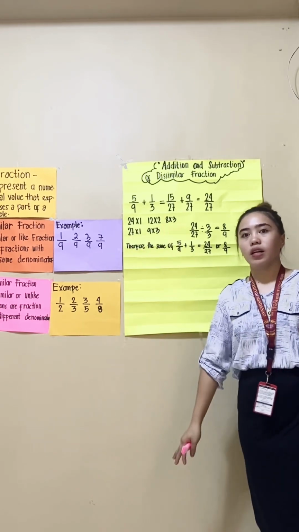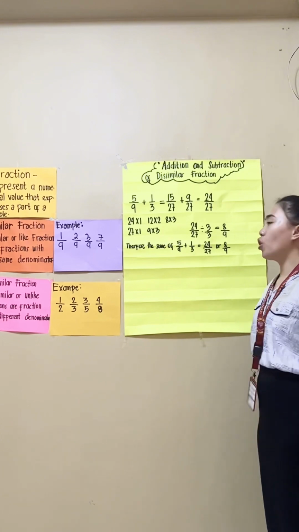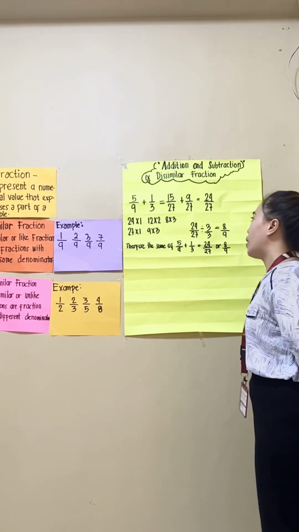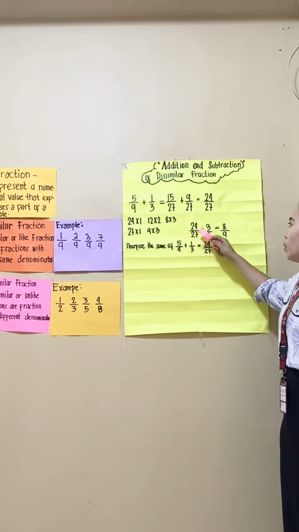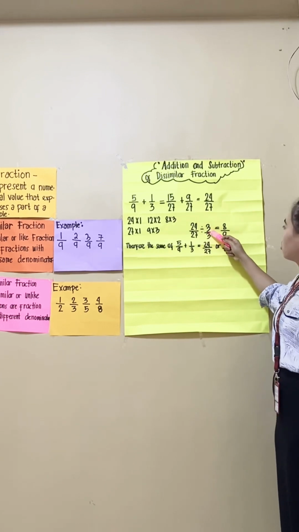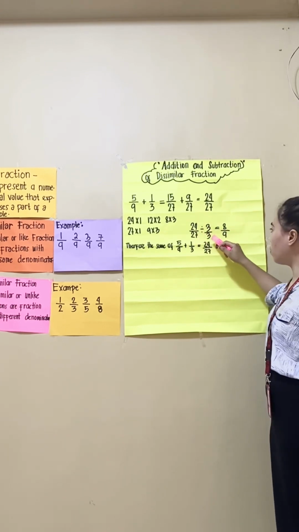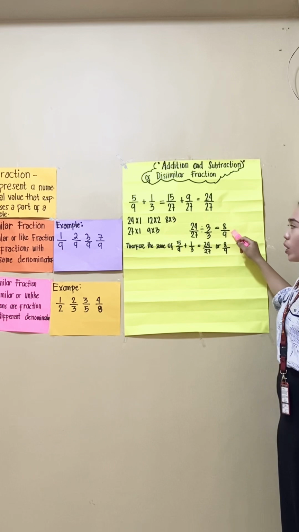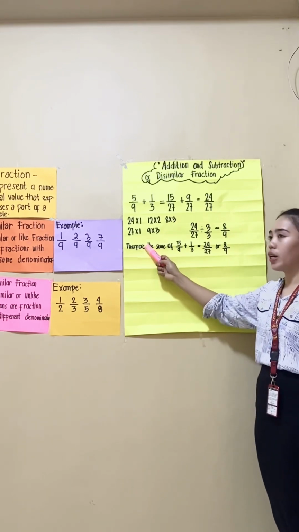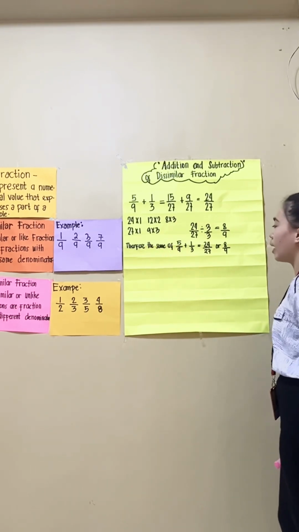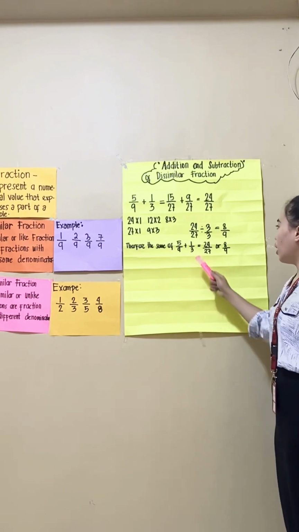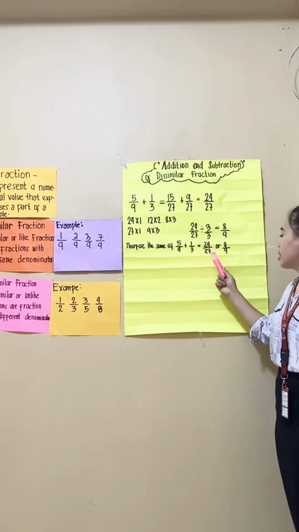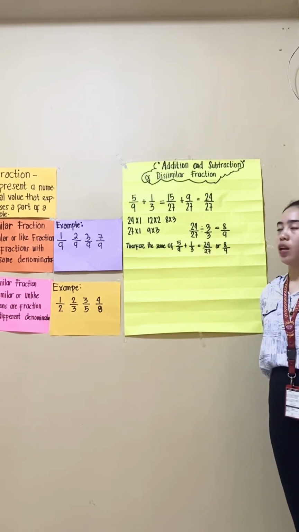Now let's divide 24 and 27 by 3. 24 divided by 3 equals 8, and 27 divided by 3 equals 9. Therefore, the sum of 5/9 plus 1/3 equals 24/27 or 8/9.